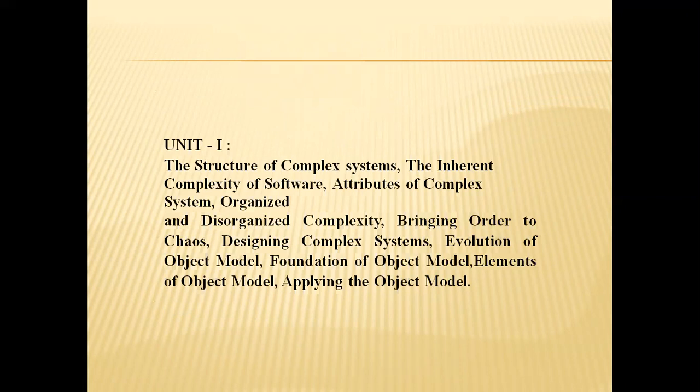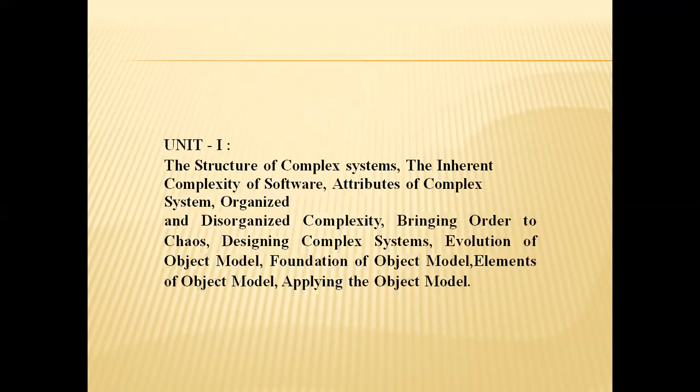First, the structure of the system, then the attributes of the system and how to organize and deorganize the system, the evaluation and foundation of the object model, the elements of the object model, and applying the object model to a particular system.